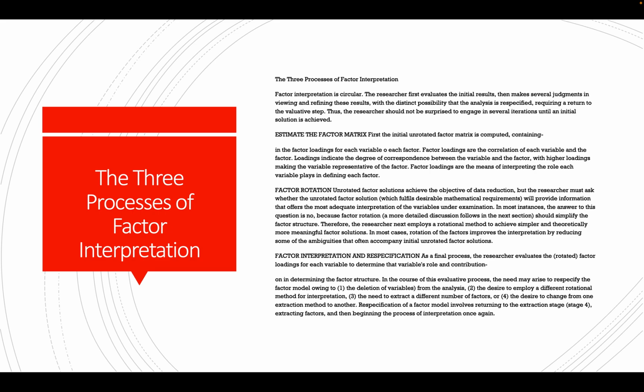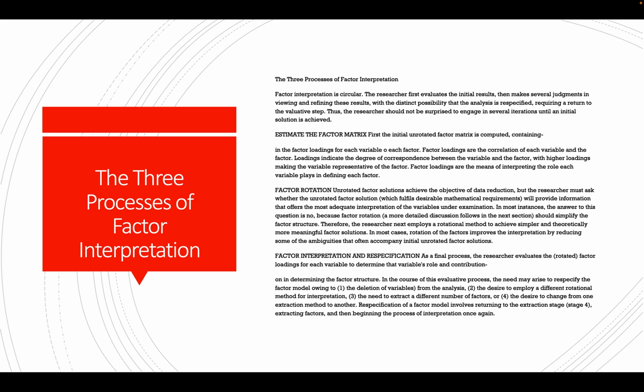Factor rotation. The unrotated factor solution achieves the objective of data reduction, but the researcher must ask whether the unrotated factor solution, which fulfills desirable mathematical requirements, will provide information that offers the most adequate interpretation of the variables under examination.